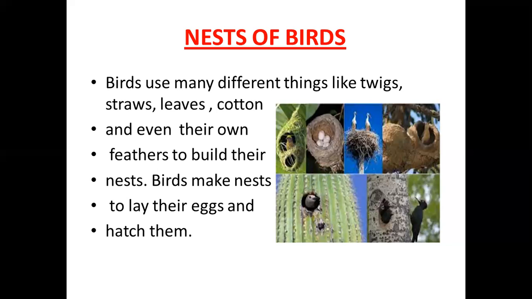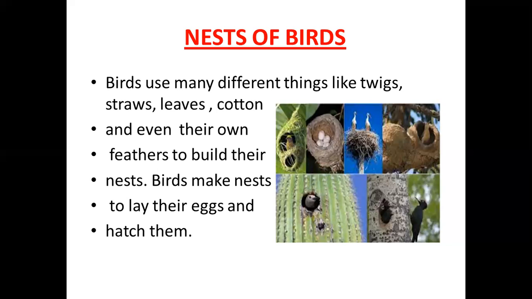Birds use many different things like twigs, straws, leaves, cotton, and even their own feathers to build their nests. Birds make nests to lay their eggs and to hatch them. They keep their young ones safe and warm in their nests. Their chicks stay there till they are old enough to fly. So this is about the nests of birds.